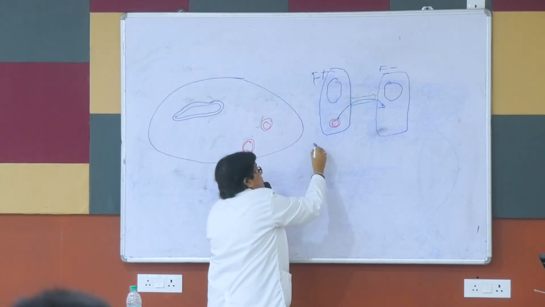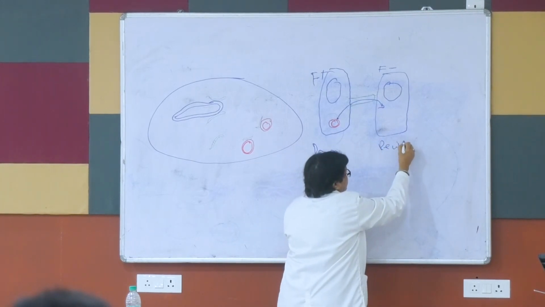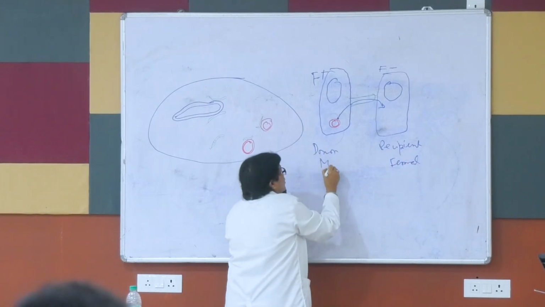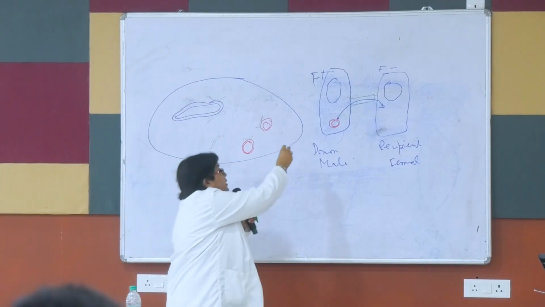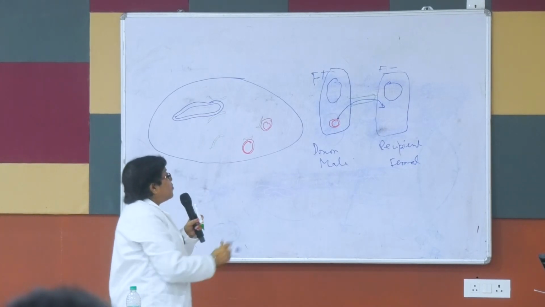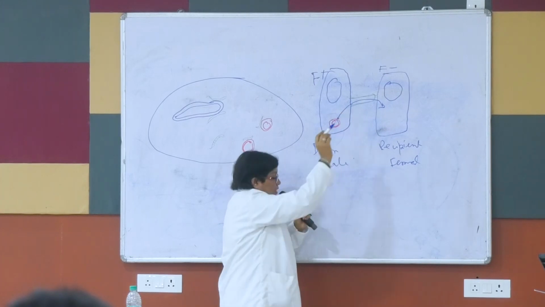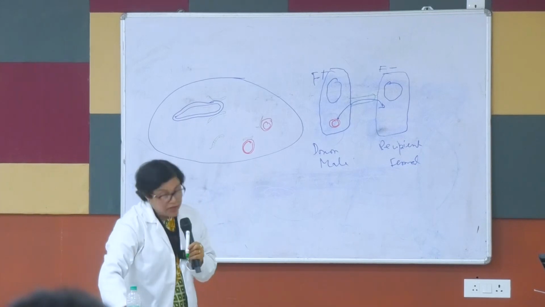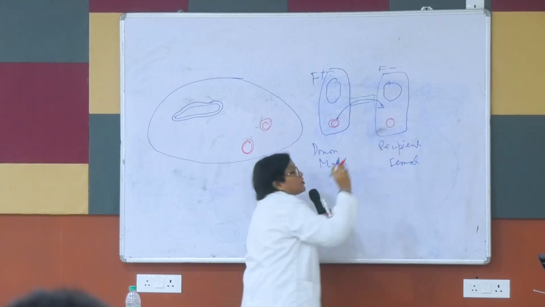So this is the donor, this is the recipient or female, and this is the donor or male. Now, as it is coded for the formation of the pilus, through the pilus, genetic material will pass to the recipient or female F minus bacteria, then it will gain the genetic material.